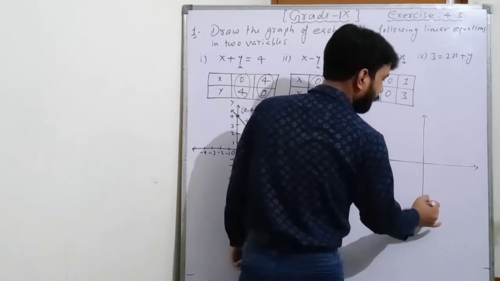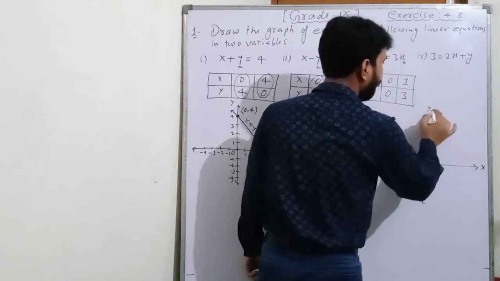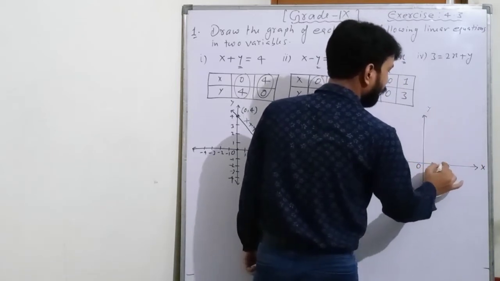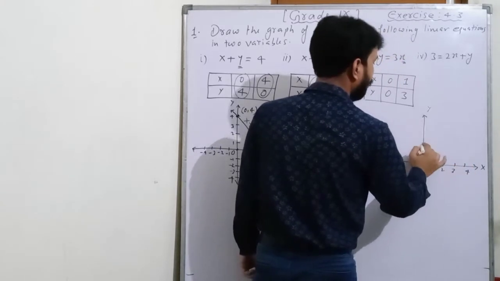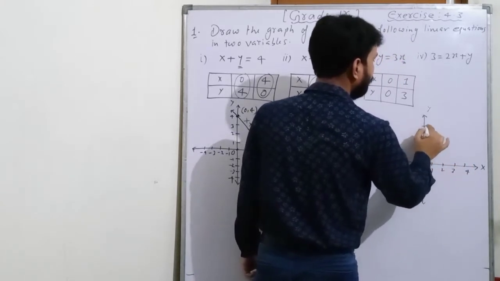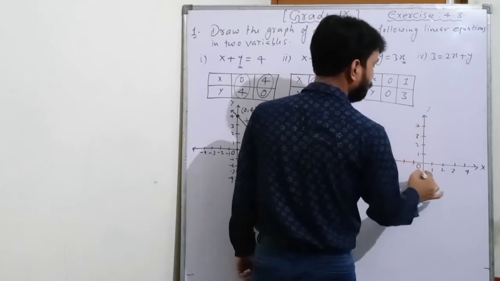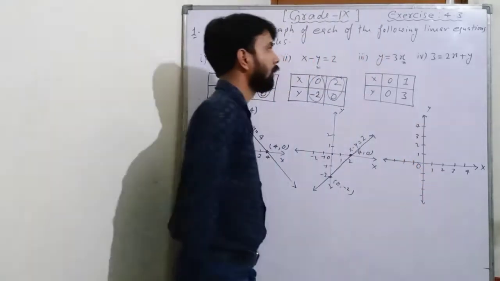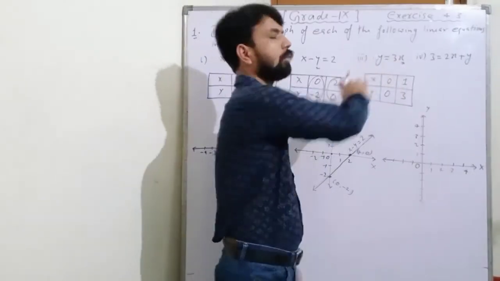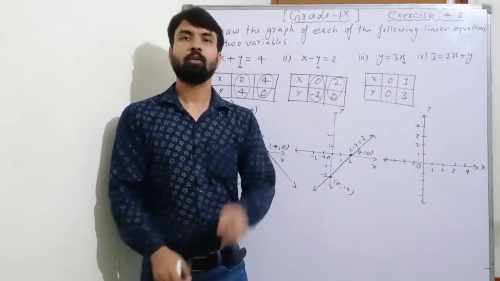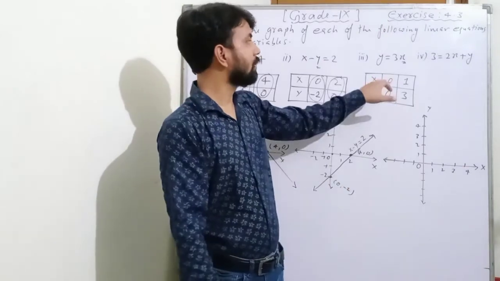These are the coordinate axes, x, y, origin, 1, 2, 3, 4. Similarly, these points will be here. Very first point, x is 0 and y is 0, means both are 0, 0, and you know that the coordinates of origin are 0 and 0.